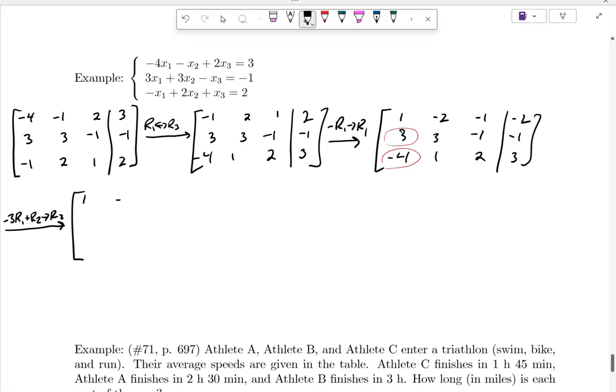You get 1, negative 2, negative 1, negative 2 is still the first row. Negative 3 times negative 2 is positive 6, plus 3 gives me a 9. Negative 3 times negative 1 is positive 3, minus 1 gives me a 2. Negative 3 times negative 2 gives me a positive 6, minus 1 gives me a positive 5.